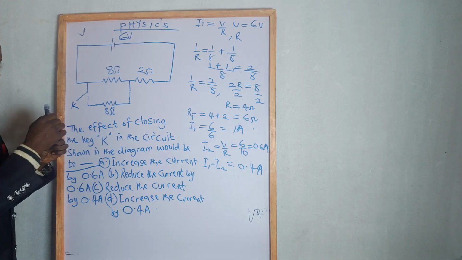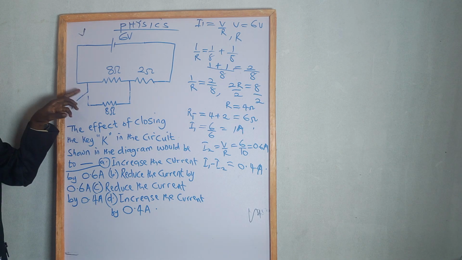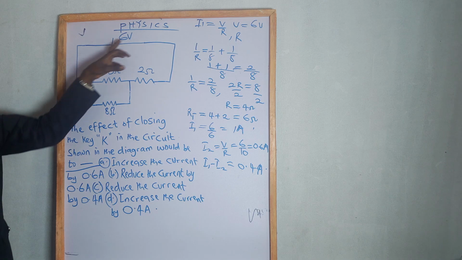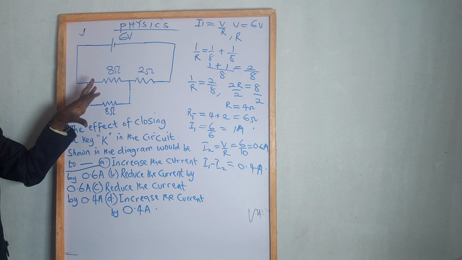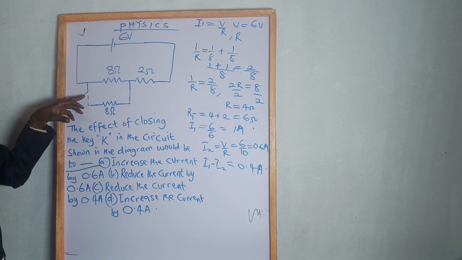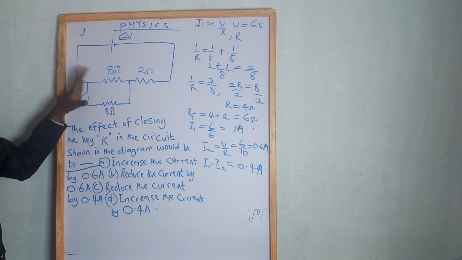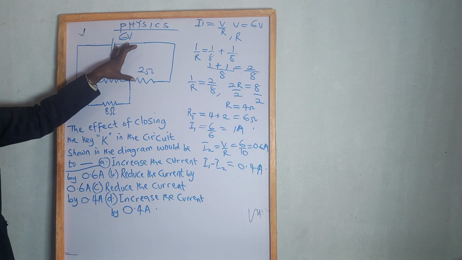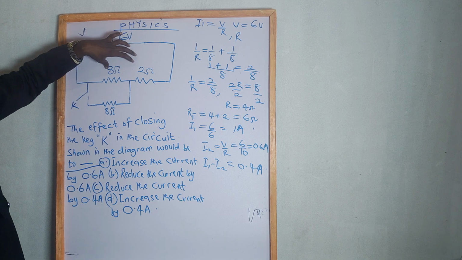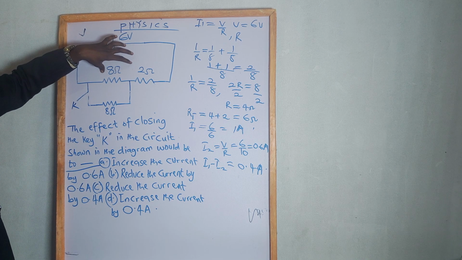So it means if you are closing this key, a total of 1 ampere will flow across this circuit. But if you are opening it, that is, leaving it out, a total of 0.6 ampere will flow across this particular circuit only.